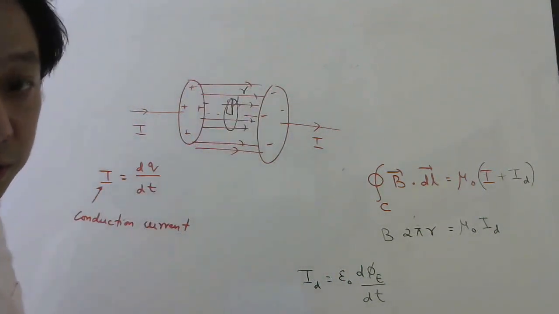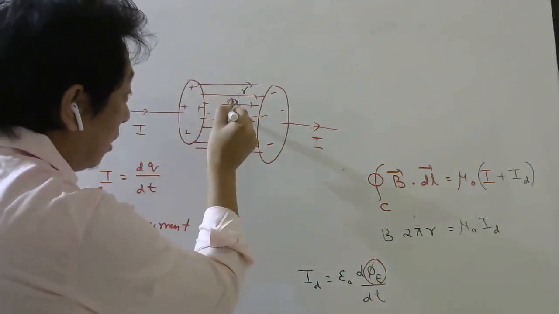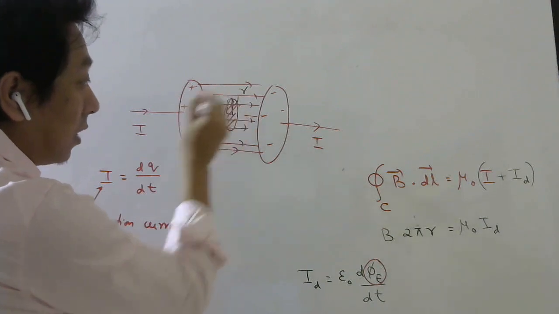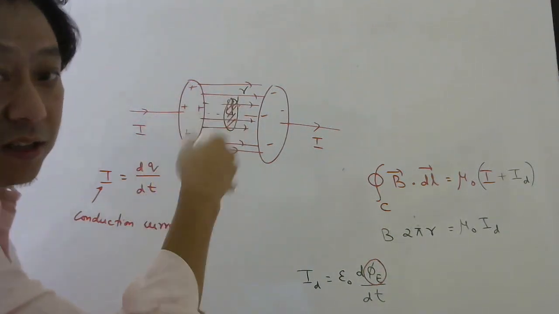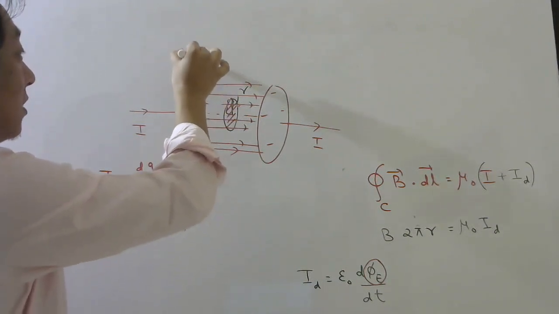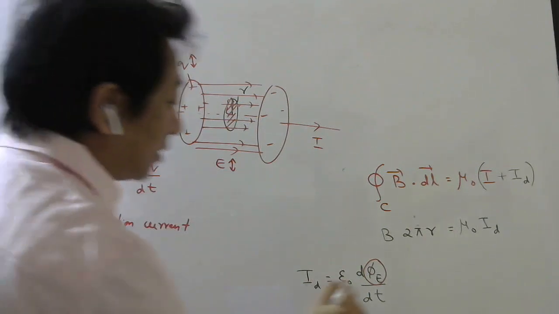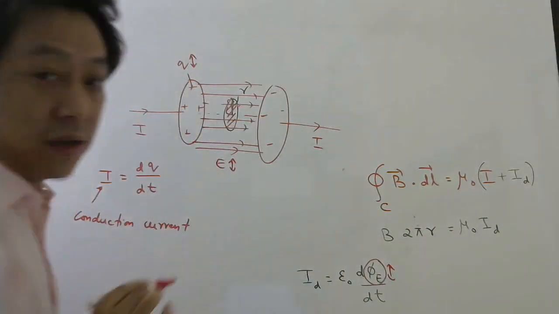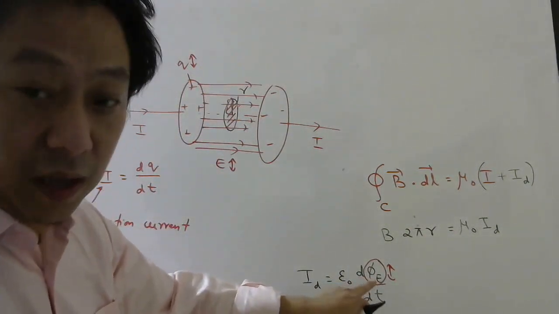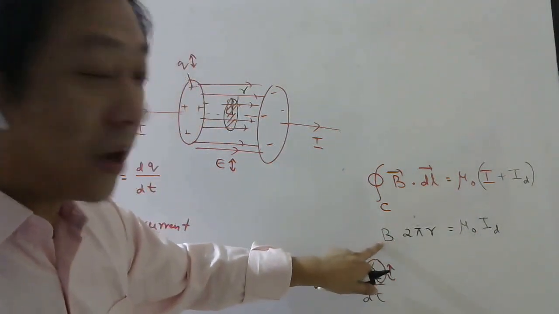Yes or no? So you can see that this much is the electric flux through this loop. And since the capacitor is getting charged, the charge here is changing. If the charge is changing, electric field will be changing. If electric field is changing, the flux will be changing. And if electric flux is changing, there will be displacement current which will produce magnetic field.